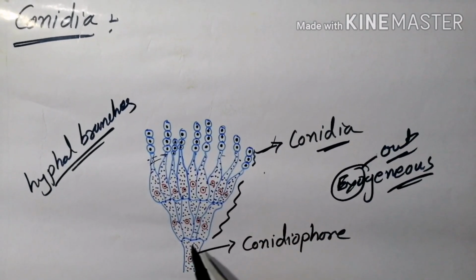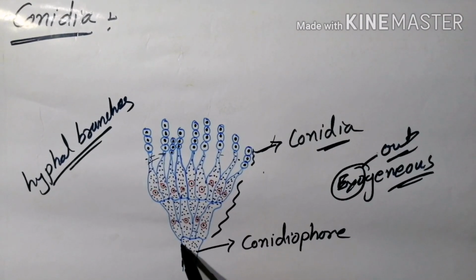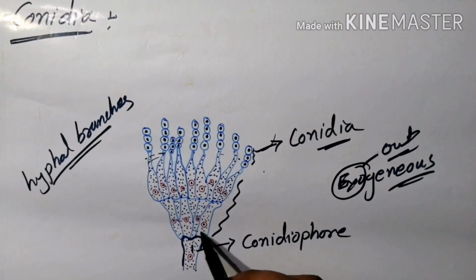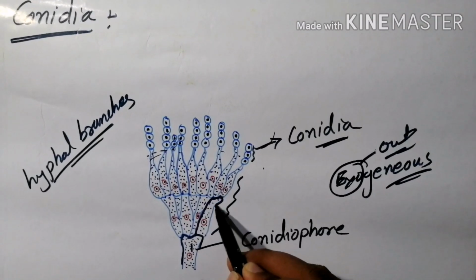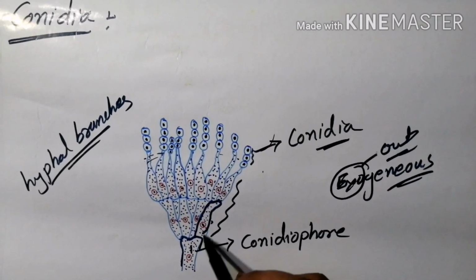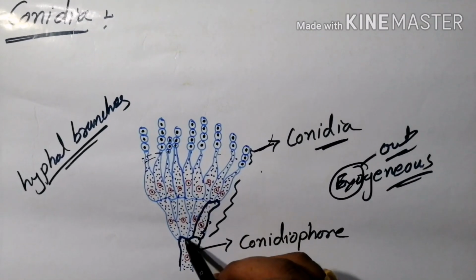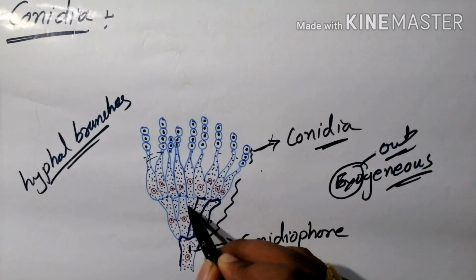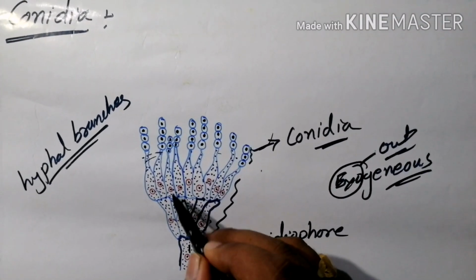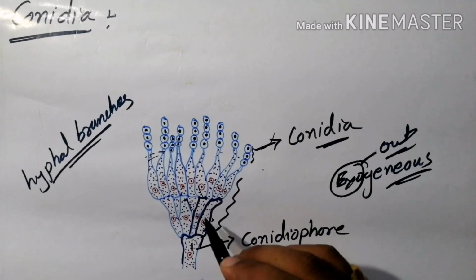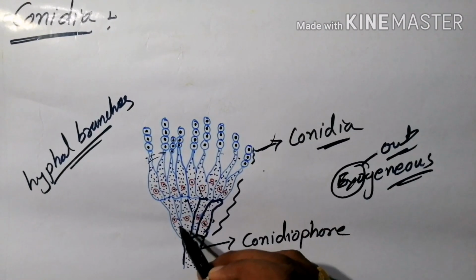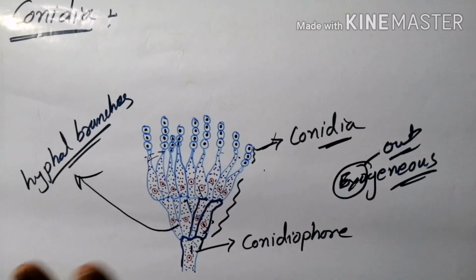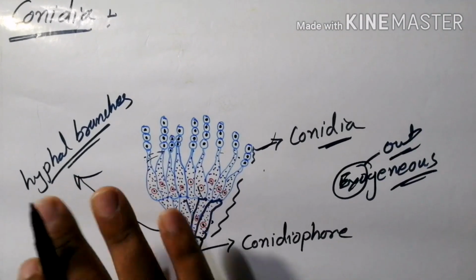This is a branch, and these joints, a single joint and another one, are joined in a single stage and adjacently joined one to another, forming a branch-like structure. This type of arrangement is known as hyphal branches. Nothing to worry, this is your hyphal branches.